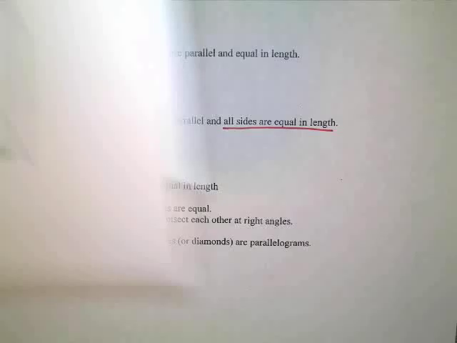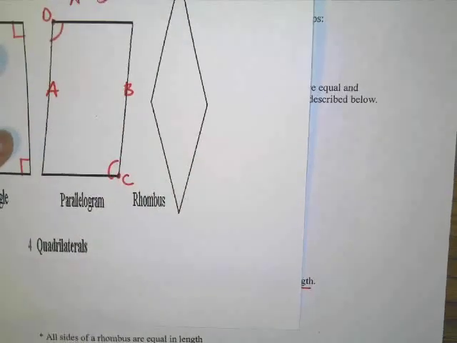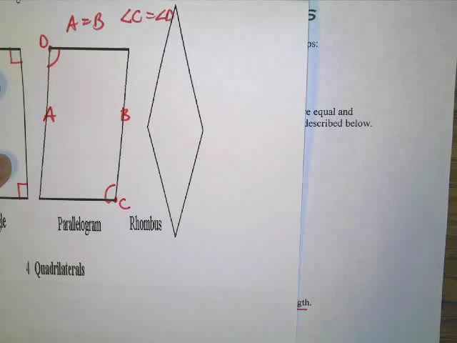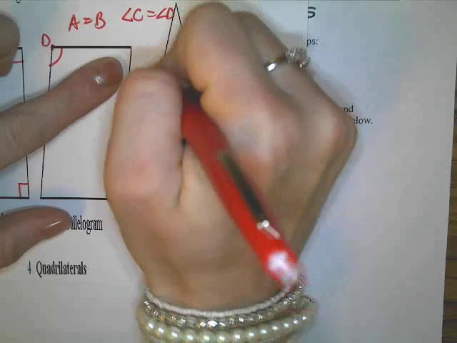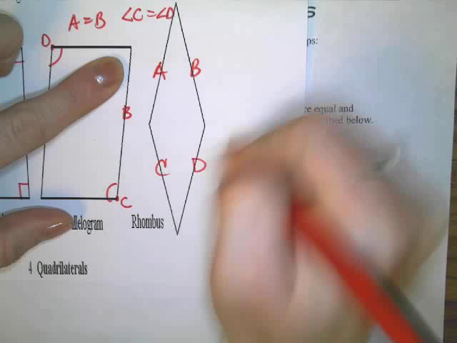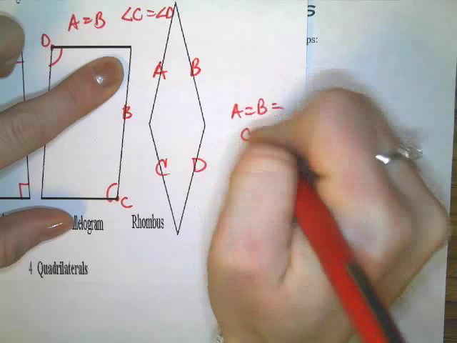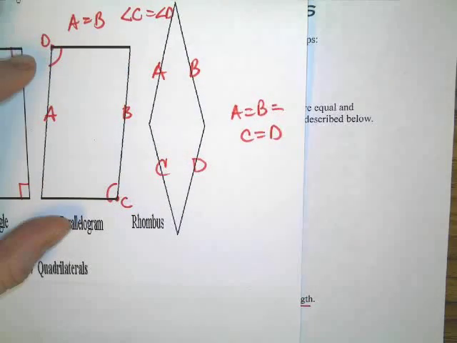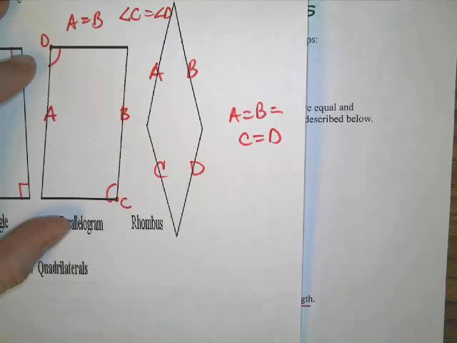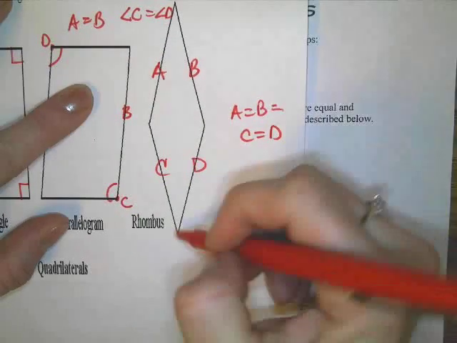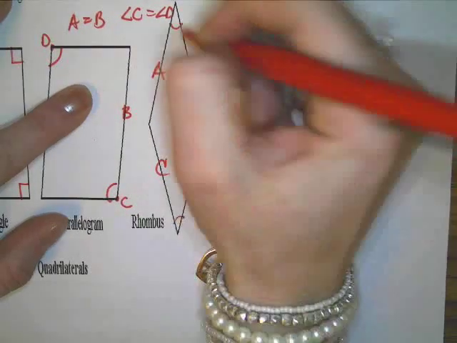Here's our rhombus. So what they're saying is all sides are equal, again, just like a square. Everyone agree to that? Okay. This angle and this angle are the same.